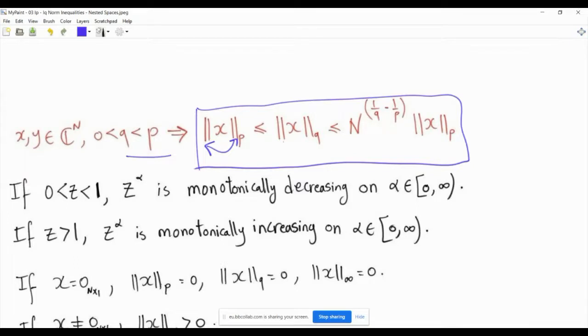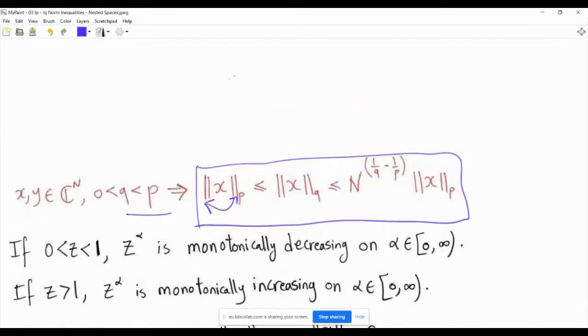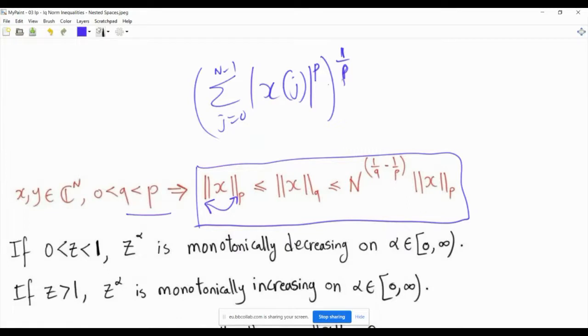If you define x of j to the power p, j from 0 to n minus 1, and then raise it to the power 1 over p, you can make p equal to 0.5. In that case, this expression makes sense, you can compute it, but it is not a norm. You can show that you will violate the triangle inequality.